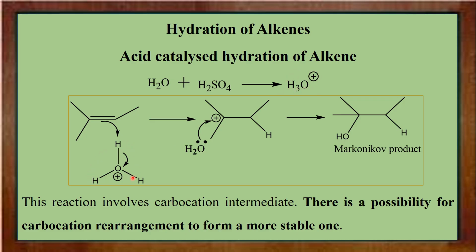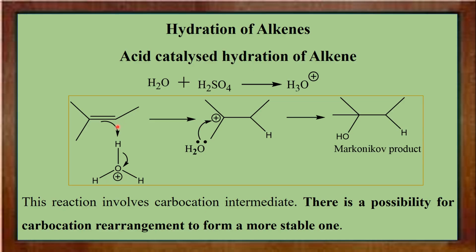So from hydronium ion, the alkene, here I have given an unsymmetrical alkene, which means both the ends of the double bond are different. This unsymmetrical alkene takes up a proton from hydronium ion, for which this pi bond breaks to give a plus on the more substituted carbon, minus on the less substituted carbon.